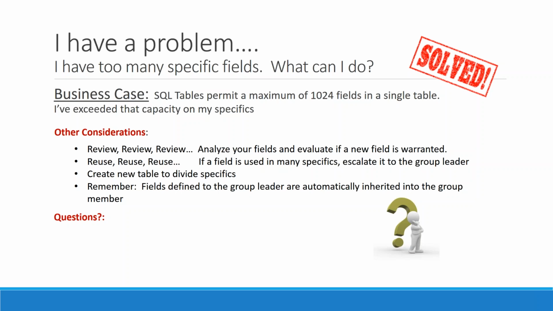All my incidents have their own specific, all my requests have their own specific, and I've even been using specifics for change, and I've got specifics everywhere. Well, you could actually subdivide. So for my incident specifics, I could organize my incident specifics into an incident specifics table. I can organize my request specifics into a request specifics table. And I could organize then those change ones into a change specifics table.